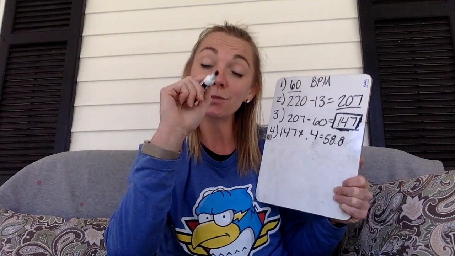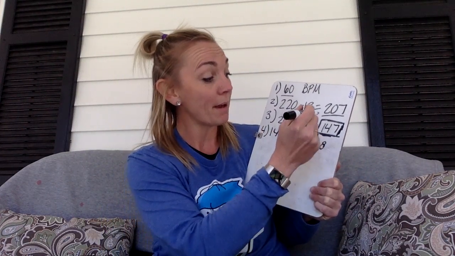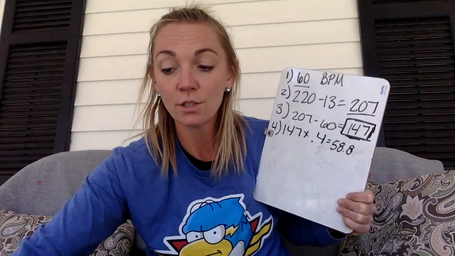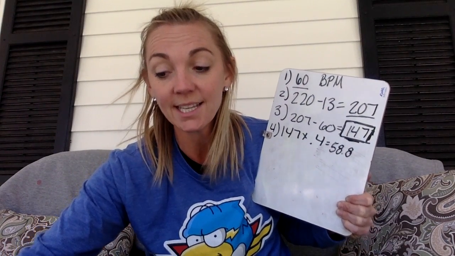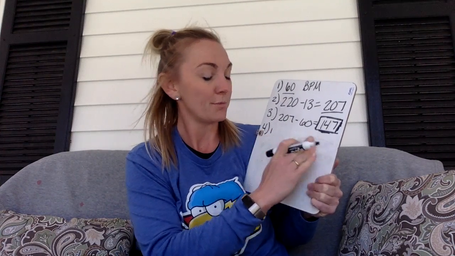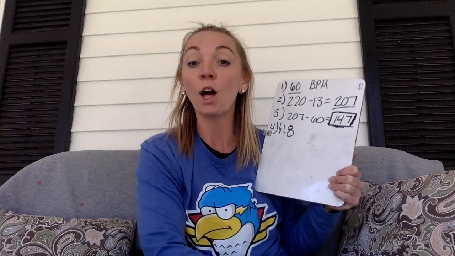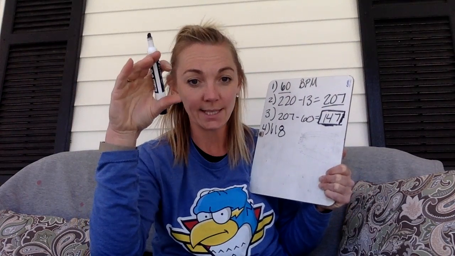But if I didn't move that decimal, then I would have gotten 588, which is ridiculously high. So then I take that and I add my resting heart rate, which is 60. So 58.8 plus 60 is 118. So this first number is 118. That's the lower end of my moderate intensity.